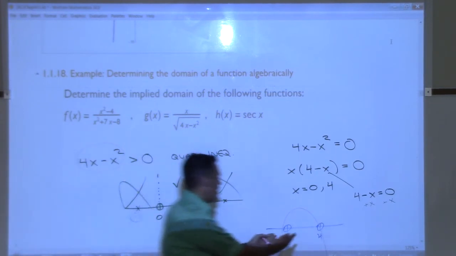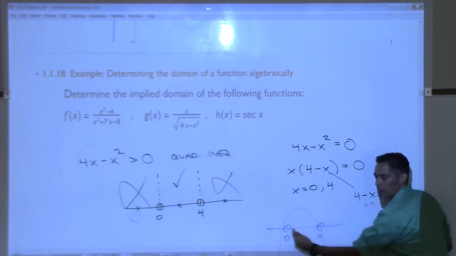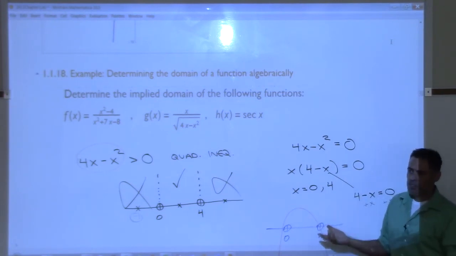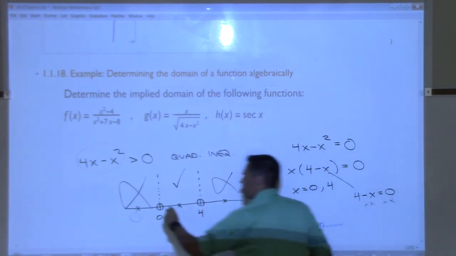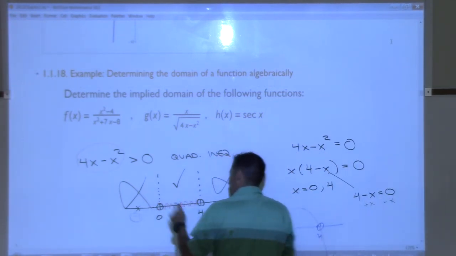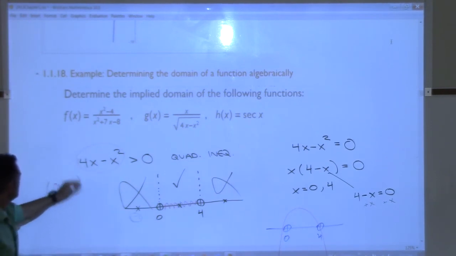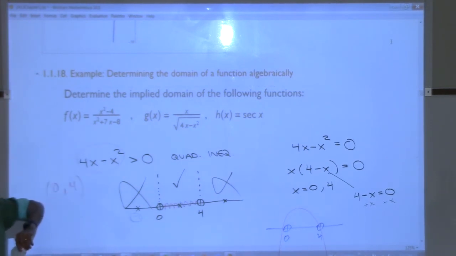And you can tell where that's happening. It's happening between 0 and 4. And see, I could do it this way without ever having to test any points. But you have to know what a parabola looks like, which I think you should know. All right, so now our final answer here is everything in here, not including 0 and 4, so that's our domain for G. All the points between 0 and 4. Good? Okay.